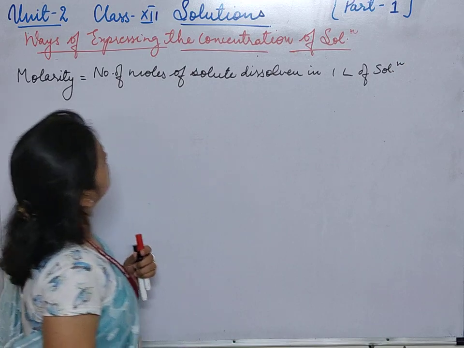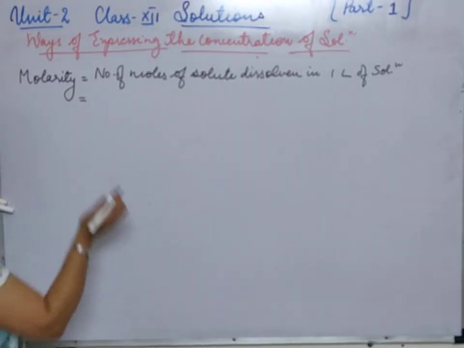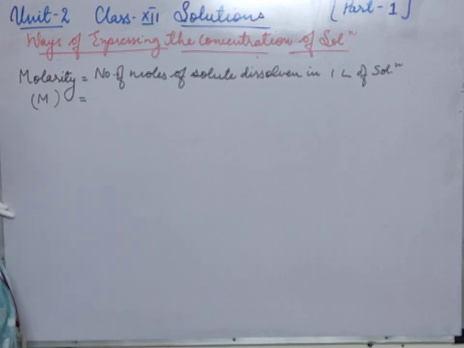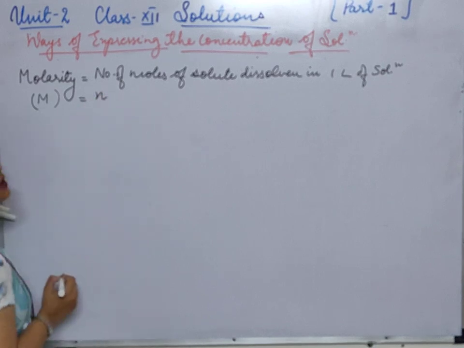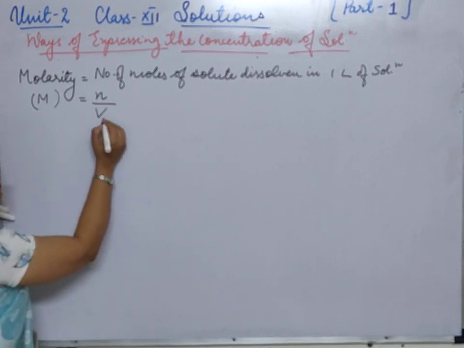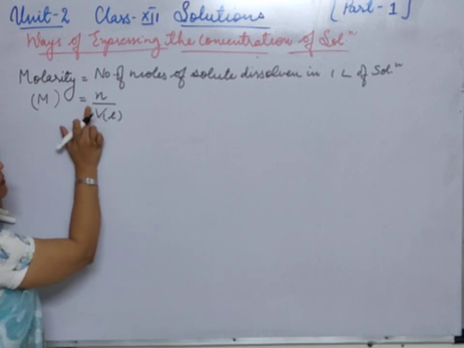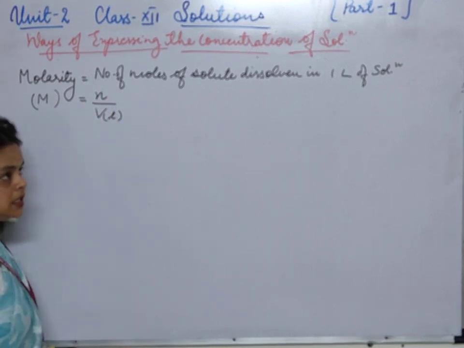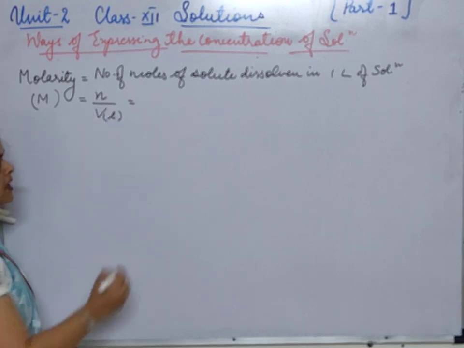Now, if you are writing it in the form of a formula, for molarity it is expressed by capital M. The number of moles, that is n, dissolved in 1 liter of solution, that is volume, expressed by V. So how do we calculate the molarity? n by V. This is the number of moles, and this is the volume of solution in liters. How do we find out the value of n?